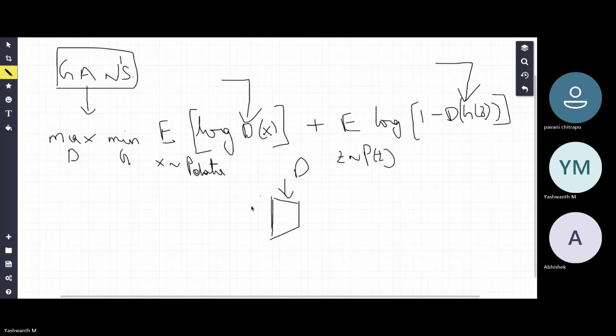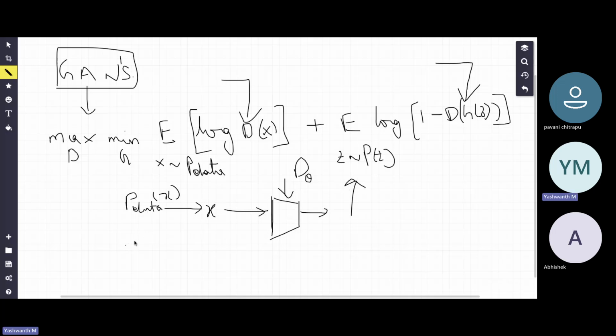What we pass to the discriminator is a true image sampled from p data of x, the true underlying distribution, which we don't know. We assume the given data set is generated from this p data, and we take that x and give it to the discriminator, with parameters theta, and its output should be high.